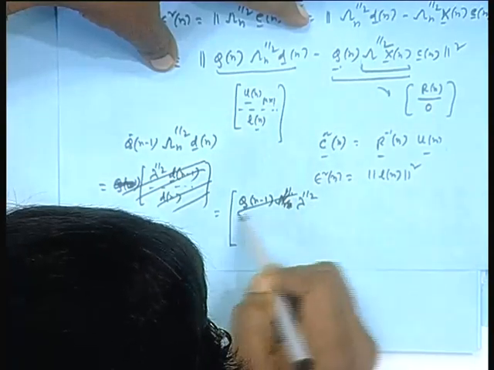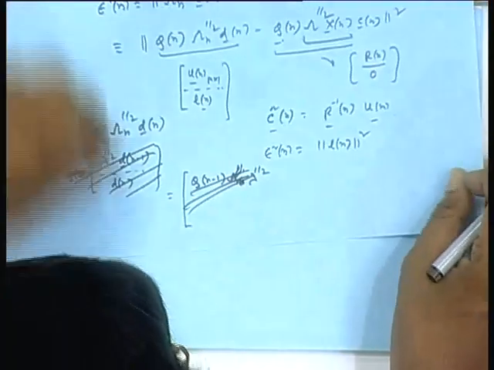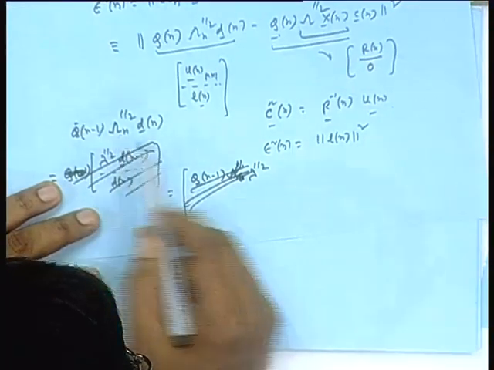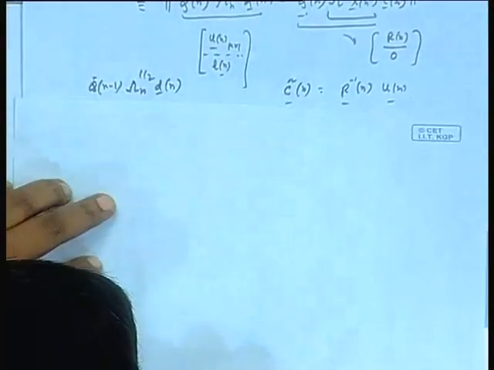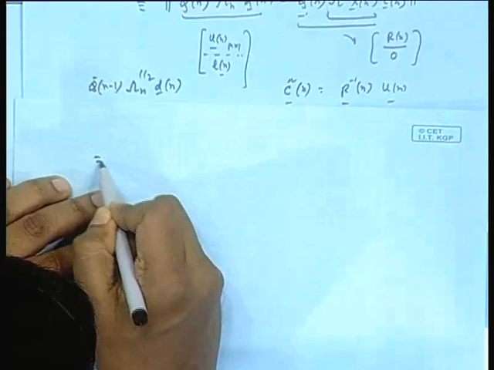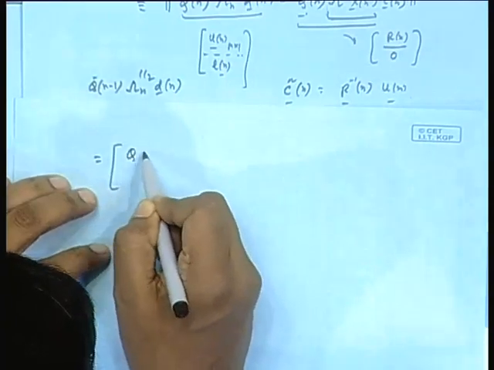No, just a minute. Let me write the correct expression. This is, I don't mind, I move on to a new page. This is your, let me write down step by step.